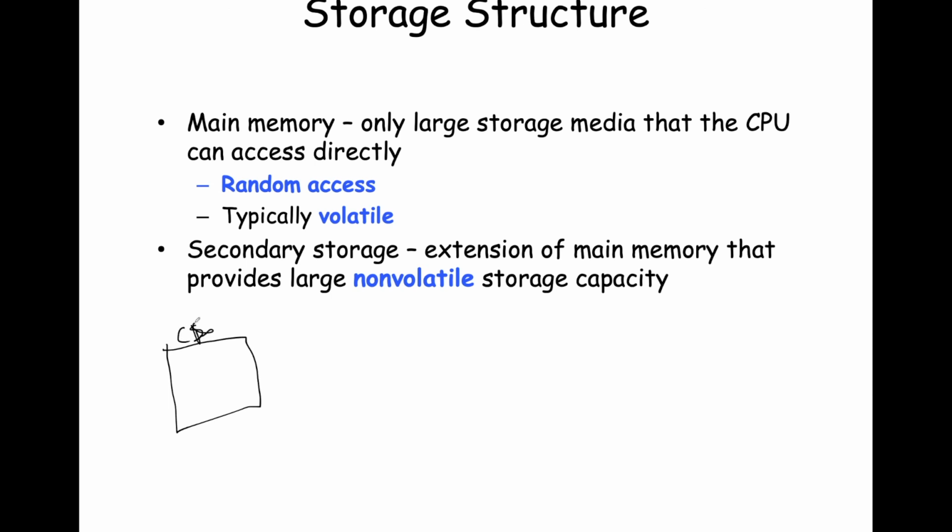That's the CPU, Central Processing Unit. It is connected bidirectionally to that high-speed substrate, the bus. And then we have main memory here. Typically, that's random access memory. Okay, so we have our main memory.